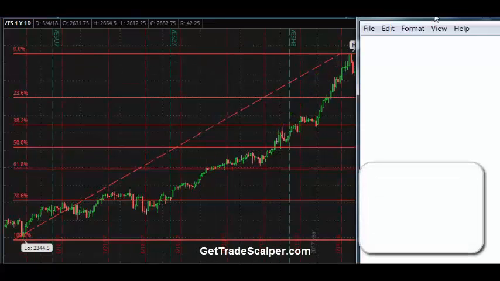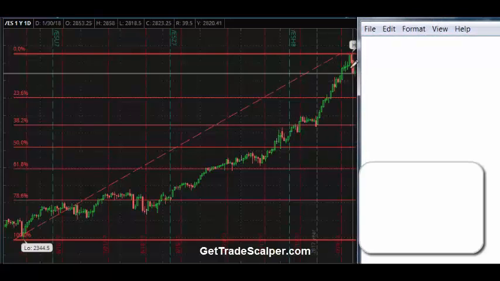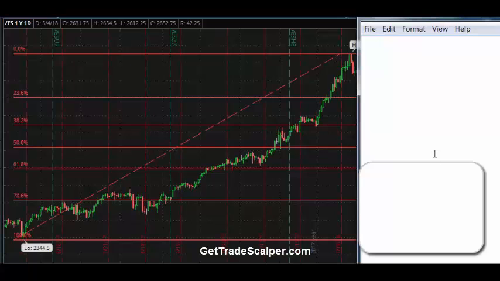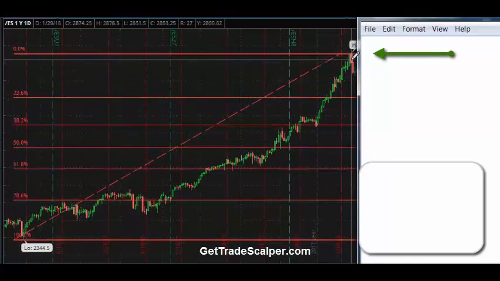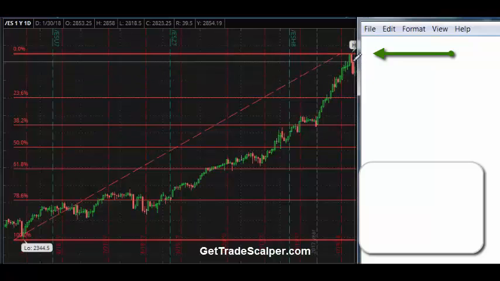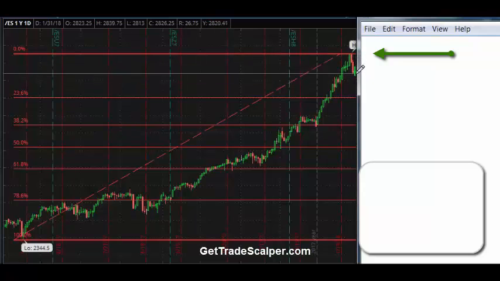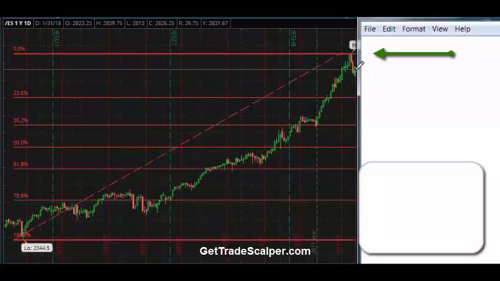Now, when you use the tool to draw the lines, that's basically what you're going to have right there, right? You're going to have a significant low, significant high, and these bars, from a realistic standpoint, would not even be there.